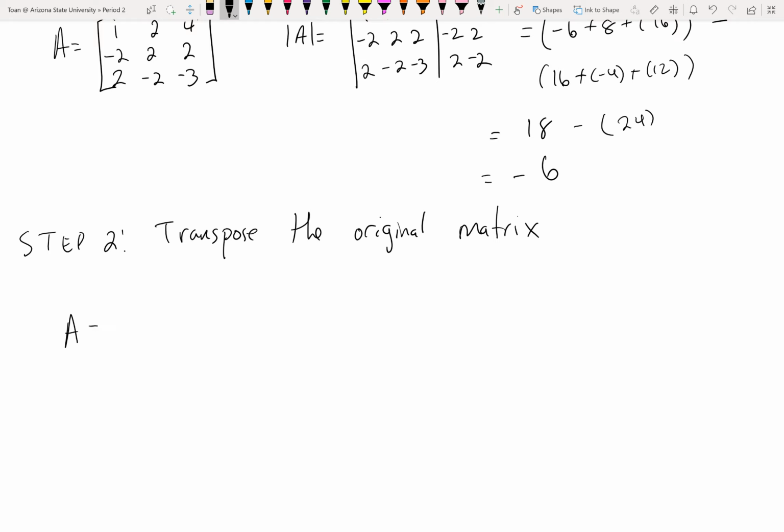So if I have my original matrix, 1, 2, 4, negative 2, 2, 2, 2, negative 2, negative 3. What a transpose matrix is, you take all the rows and flip them into columns.